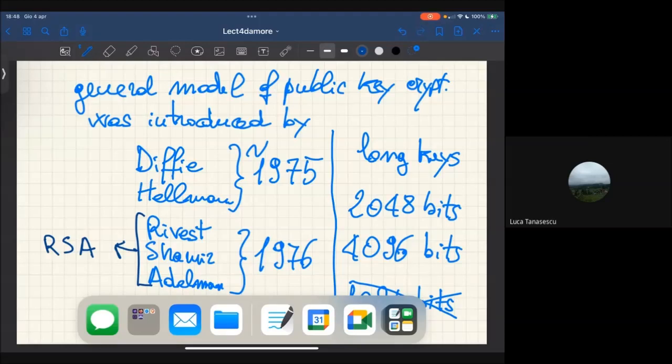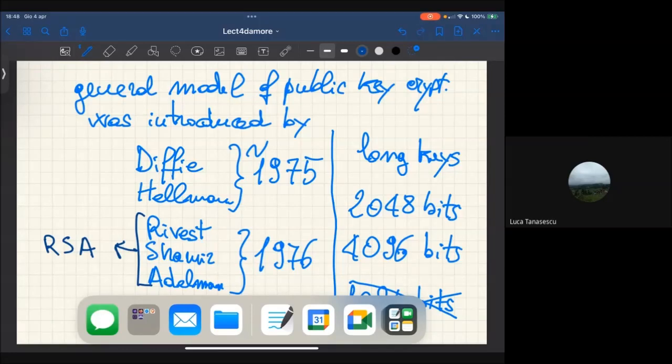Do you know the most important prize for computer scientists? It is not the Nobel Prize, because when the Nobel Prize was instituted, computer science did not exist yet. Later, they invented computer science.